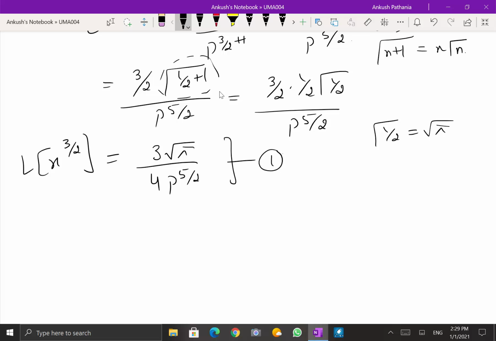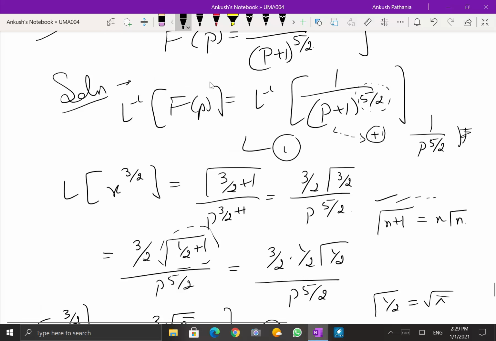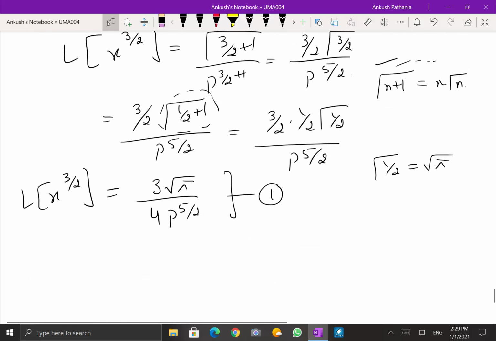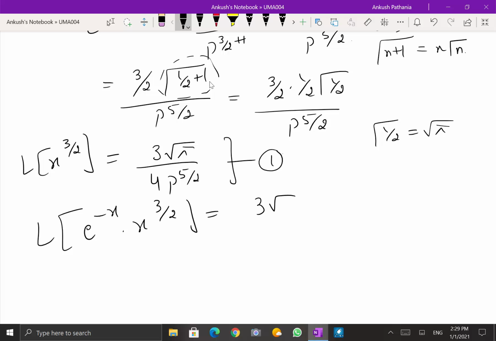But in the question it is p plus 1; there is a shifting, p has been replaced by p plus 1. So now the first shifting property comes into play: Laplace of e raised to minus x times x raised to 3 by 2, because all other things are constants and can be adjusted, equals 1 upon (p plus 1) raised to 5 by 2. Here p is replaced by p plus 1.